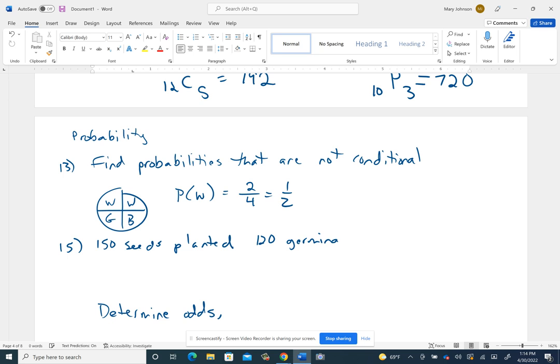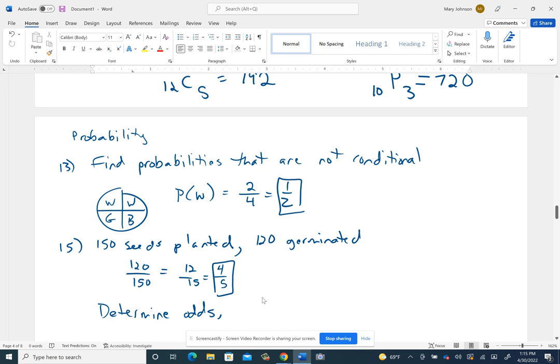That means they started growing, they sprouted. Find the empirical probability that a particular seed of this type will germinate. So 120 germinated out of 150. You reduce that, and 3 goes into both of those, so that would be 4/5 when you get finished. So that's probability that is not conditional.